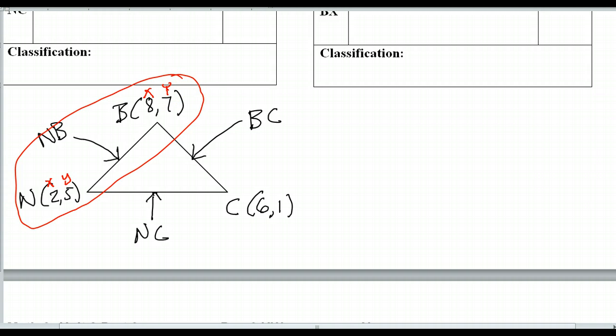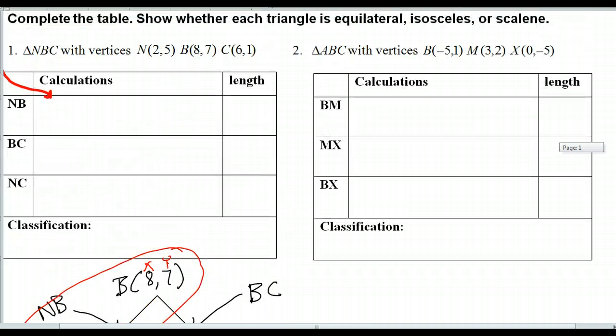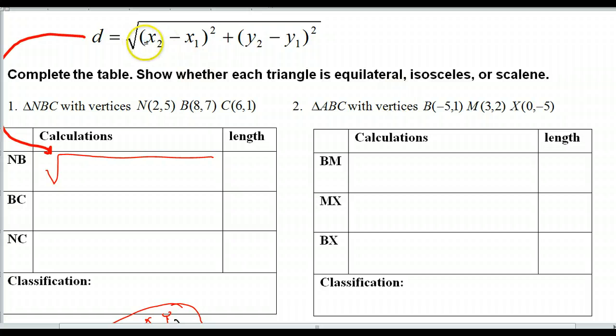So let's do that. That's why here it says NB, so I'm about to use the distance formula using points N and B. Here we're supposed to do the calculation, so here's where we set it up. And remember, the distance formula is the square root of x minus x squared plus y minus y squared. It's really just the Pythagorean theorem, as I showed you the other day.